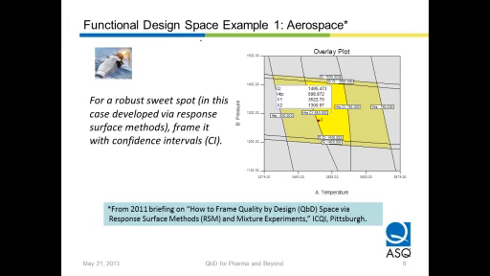And this example is from aerospace, and I talked about it in 2011 at the ASQ conference in Pittsburgh. And so if you're interested, you can go back to that briefing from 2011 to see how I actually did this.